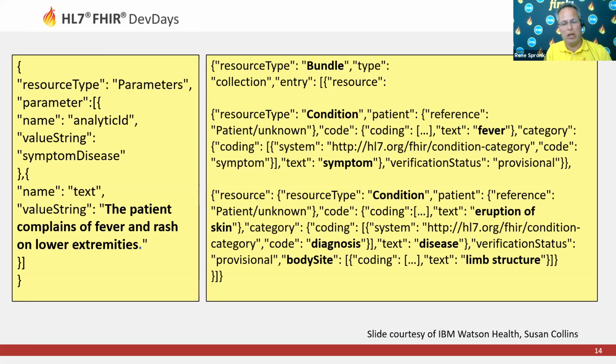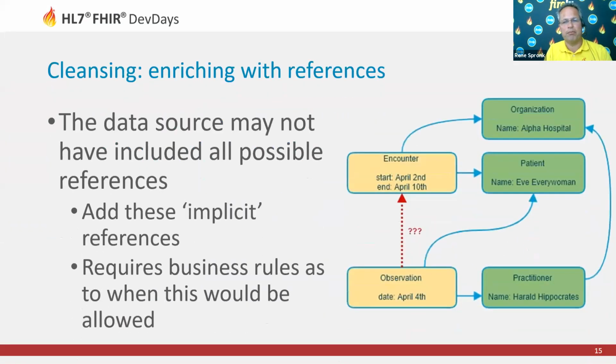So effectively, we are transforming the narrative into, in this case, a bundle of multiple FHIR resources. It's not shown here, but obviously the resulting resources are tagged as being created or generated automatically, so you have full traceability on that.